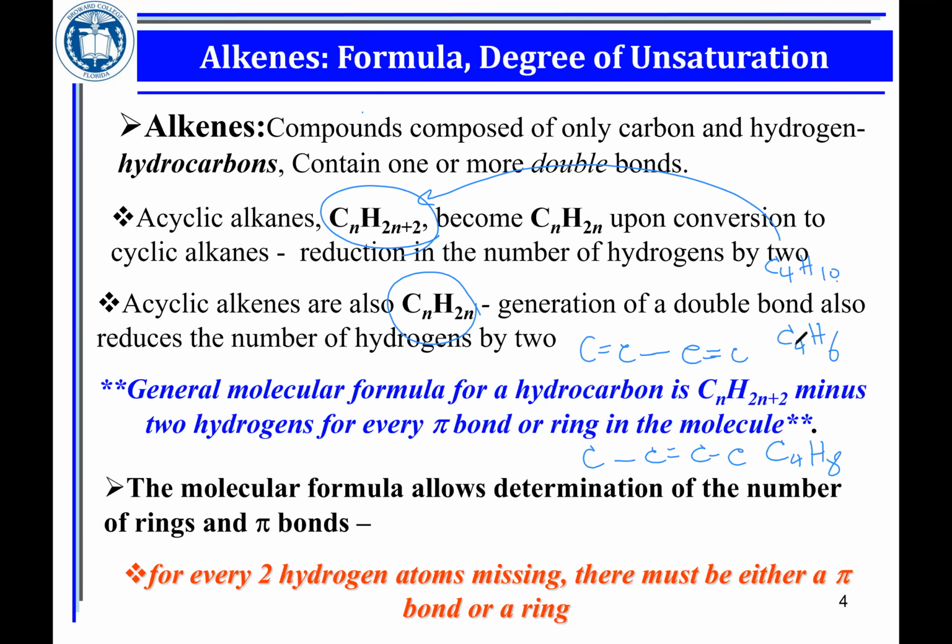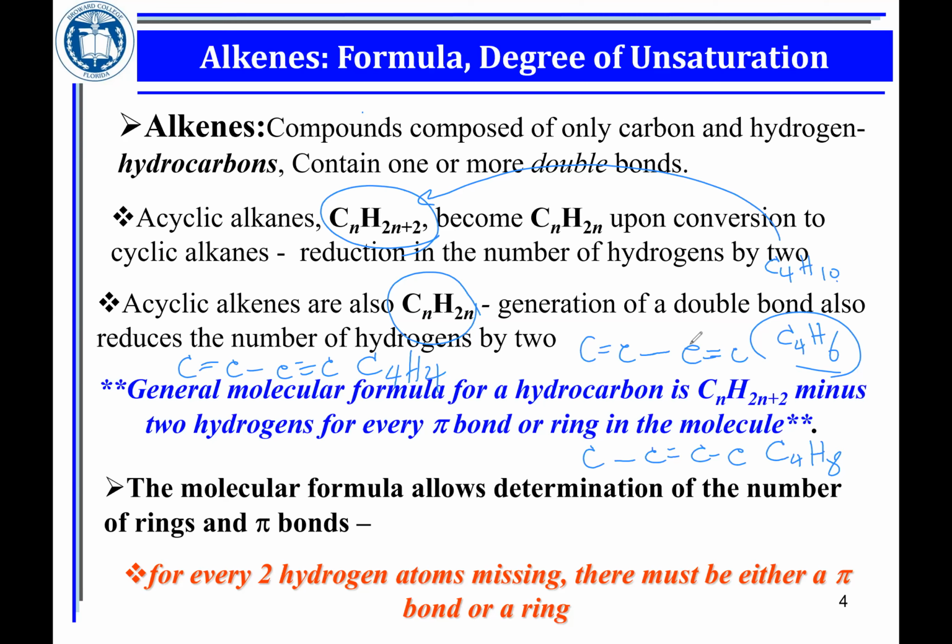For 2 pi bonds, it's C4H6. And if you had 3 pi bonds, let's say 1 double bond and 1 triple bond, it's going to be missing more hydrogens, and that would make it H4. So it depends on the number of pi bonds. Each pi bond counts as an element of unsaturation.